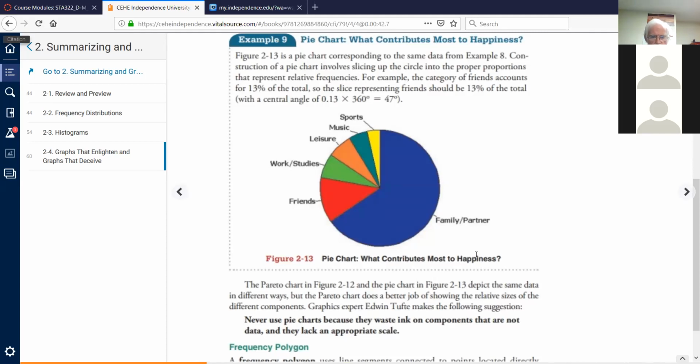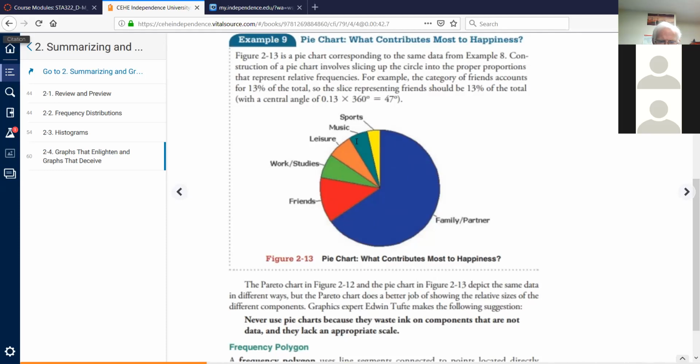It's easy to see that various pieces of the pie are shown here for happiness. This is a kind of squishy measure, but we can see that we get our most happiness from family or partner.